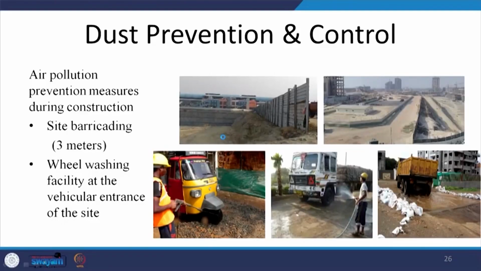Another very important aspect is dust prevention and control. So, often when building development is taking place, the construction is taking place, the soil becomes very loose and it creates dust all around the construction area, all around the construction site, and it is a major cause of air pollution in cities, because a lot of construction activity almost keeps going on, and these suspended particles of soil, which is dust, very fine particles, they create air pollution.